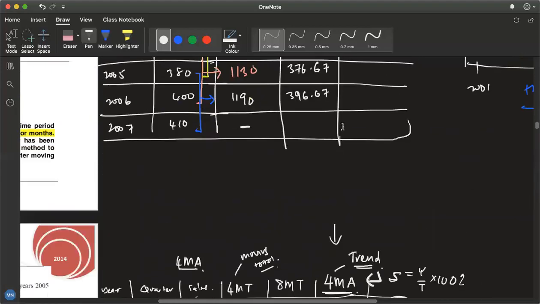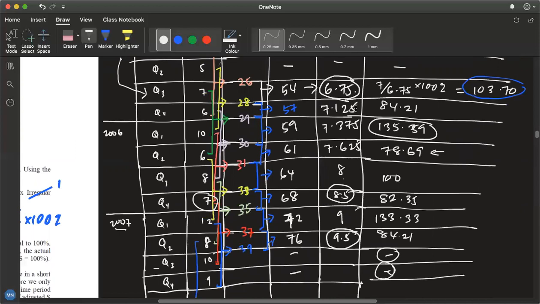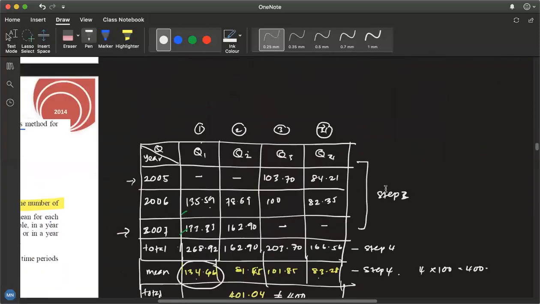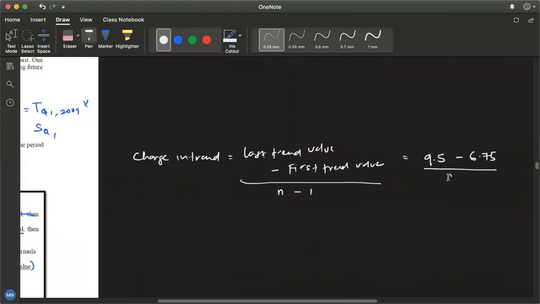How many observations are there? We have 1, 2, 3, 4, 5, 6, 7, 8. So we have 8 trend values, minus 1. Are you clear with this one? So this should be equal to 0.3929. This is the change in trend per quarter.